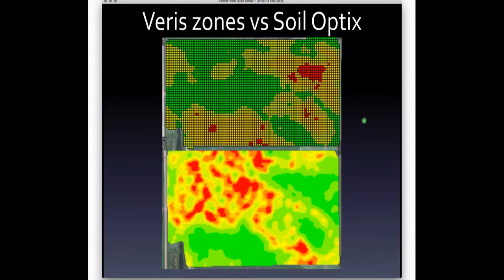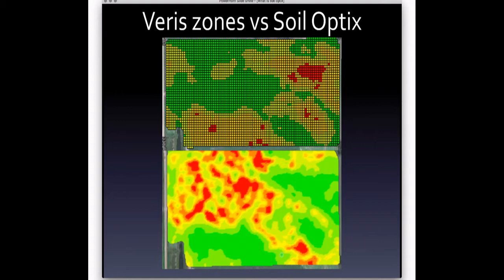When we look at another field here, this is the SoilOptix total count map on the bottom, and then the Veris zones on the top. What impressed me about both systems here is because we are mapping changes in the field, you can see the general patterns are pretty darn close. So we've got a bit of a triangle shape in this corner, and you can see that my blue marker is going to disappear, but you can see that shape here.